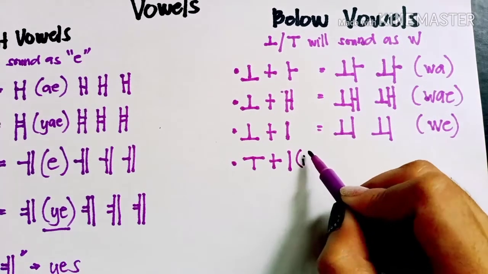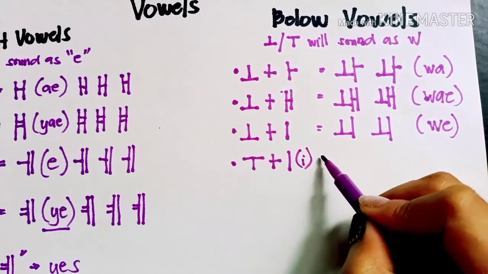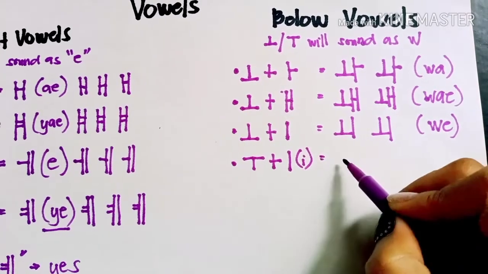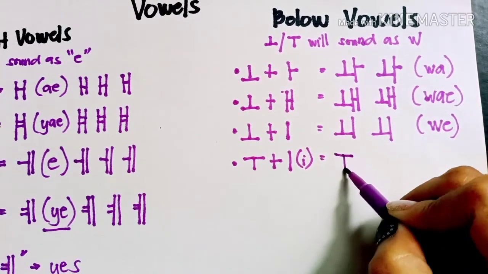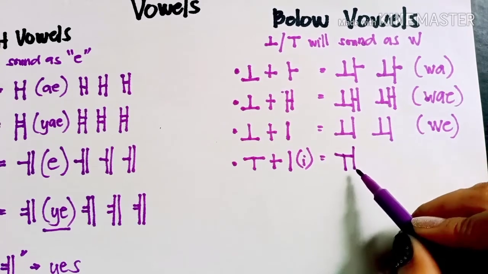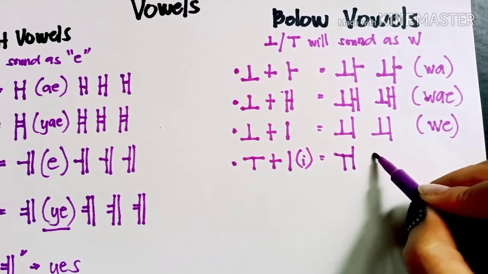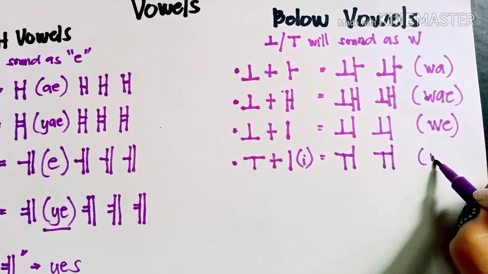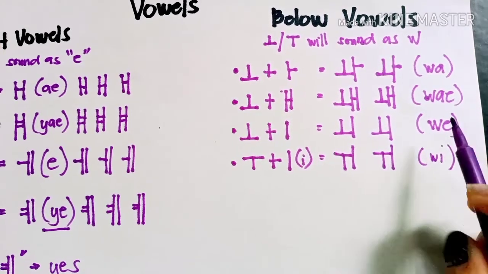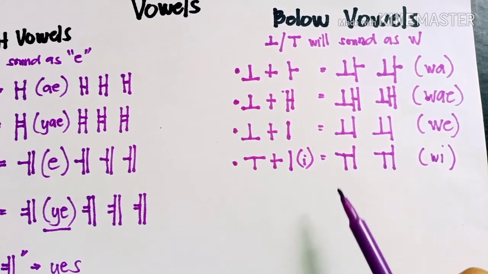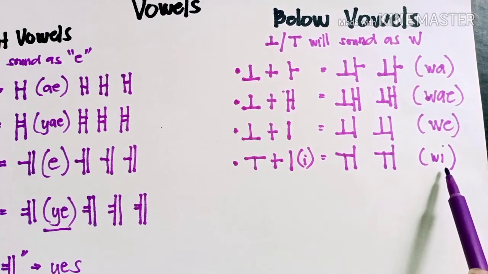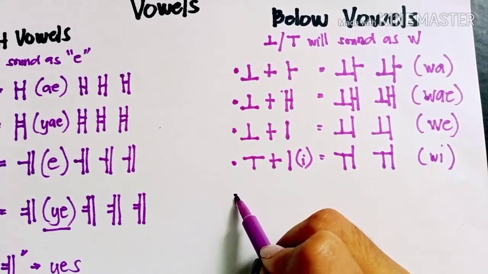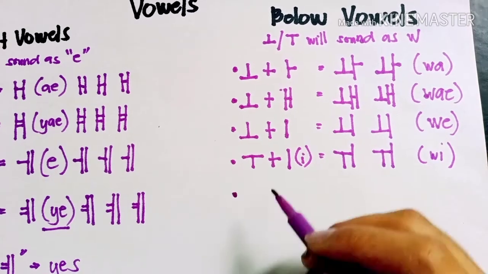So, it will be pronounced as We. It is harder to pronounce than this one. The vowel We.